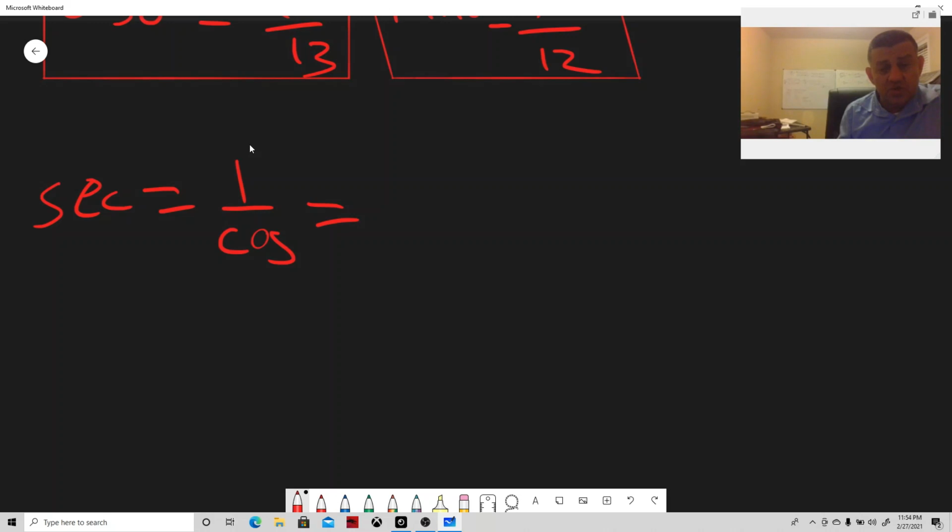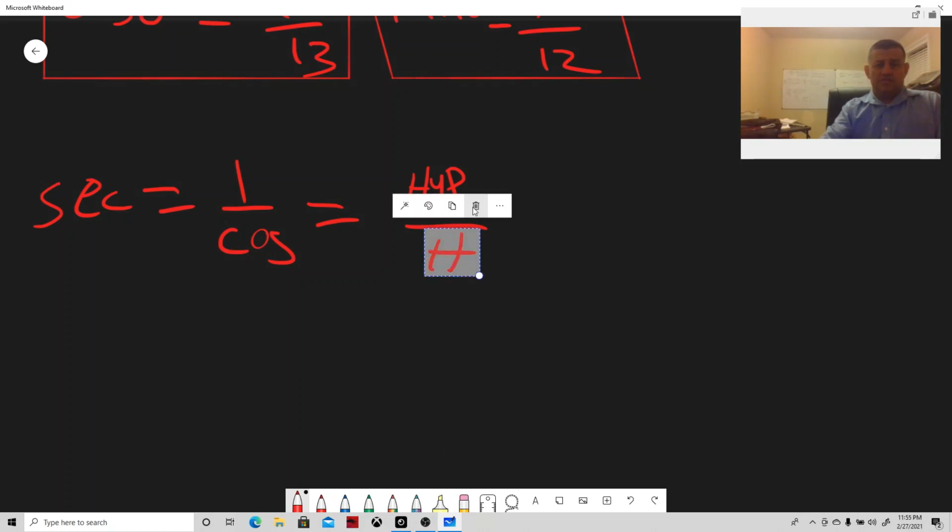It is going to be equal to hypotenuse over the adjacent, right? Okay, so cosecant is equal to what? It's equal to hypotenuse over the adjacent. Hypotenuse over the adjacent, right?